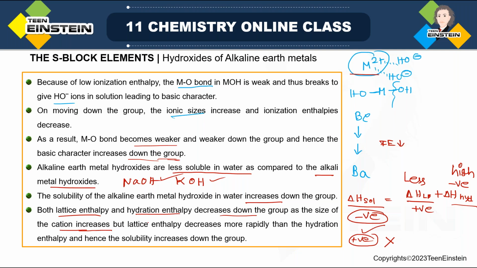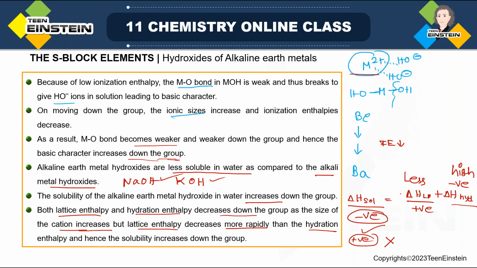But lattice enthalpy decreases more rapidly compared to the decrease of hydration enthalpy. And that is the reason the overall effect is such that down the group, the enthalpy of solution becomes more and more negative, because the rate at which lattice enthalpy is decreasing is a very rapid decrease.